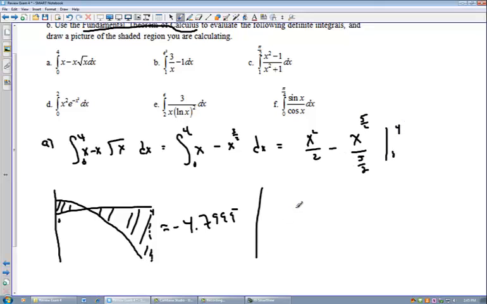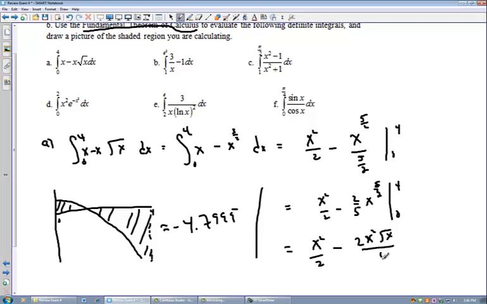And so that's equal to what? I have x squared over 2 minus 2/5 x to the 5/2 from 0 to 4, which again is equal to x squared over 2 minus 2, and x to the 5/2 is actually x squared, square root of x, divided by 5 from 0 to 4.